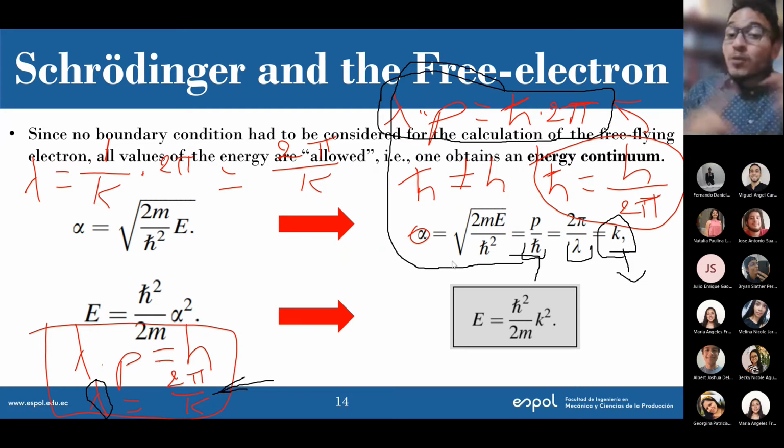Okay. But definitely we'll see how, for example, metals, semiconductors, and insulators differ, and how this value of energy becomes different from metals to semiconductors.